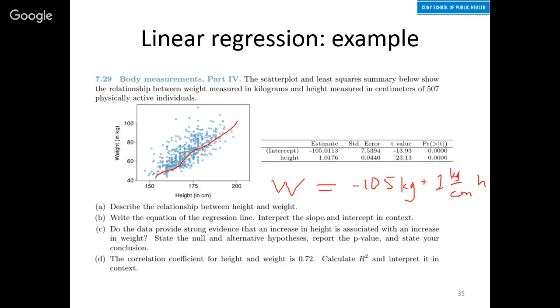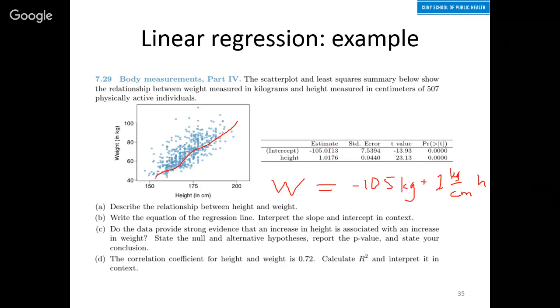And why is the height 1 instead of 0 there? Because the estimate is 1.0176, that's the estimate of the slope. So is it, well, the y-intercept is at 0 on the x-axis, right? No, the y-intercept is at minus 105 kilograms. Right, that's where the line would hit the y-axis, at a height of 0 centimeters.